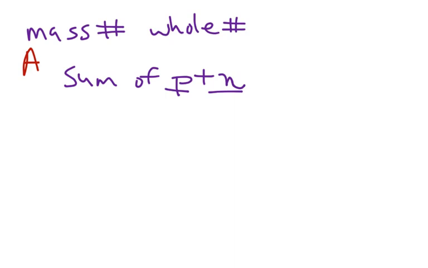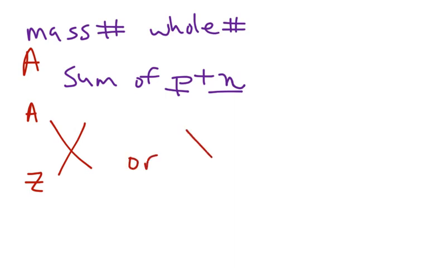There are 3 different ways that you can communicate that something is an isotope. One way is to write the element symbol, we'll just call it generically X, and then put the mass number in the upper left hand corner and the atomic number in the bottom left hand corner.